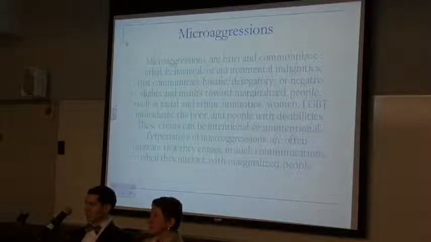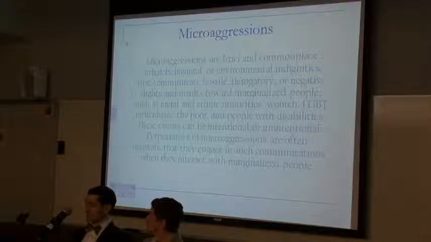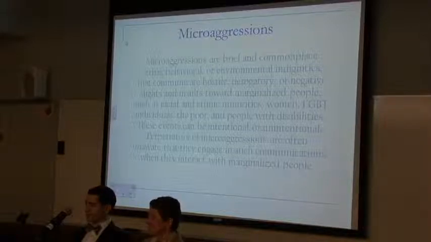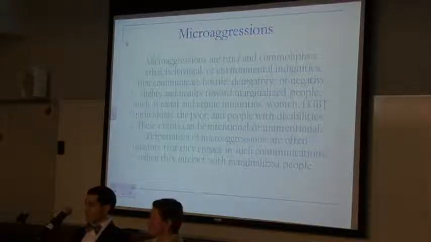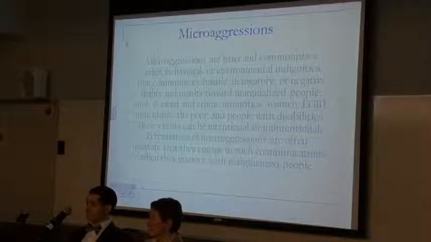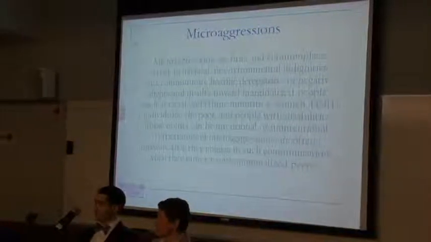And perpetrators of microaggressions, and I think this is really important at the onset as we start to talk about examples, can oftentimes be unaware that they're engaging in microaggressive behavior. Oftentimes when I talk to people about microaggressions, they'll say, well, I know that I could have been guilty of that, or I know others who were guilty of those types of behaviors, but they did not mean it.